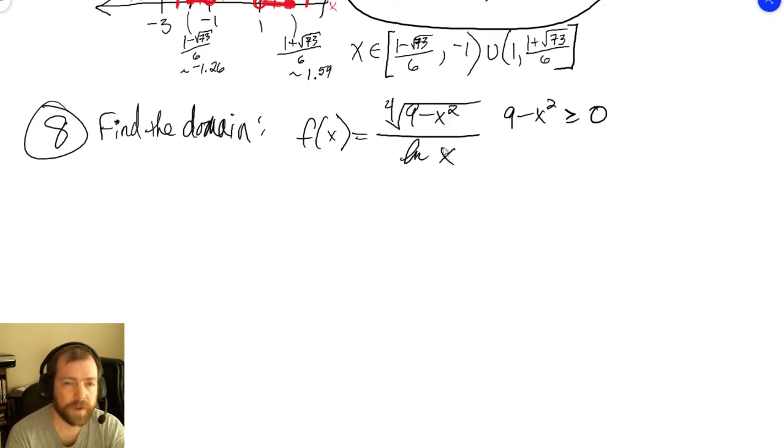Second of all, the natural log says that x must be positive, strictly positive, can't be 0 itself. And there is one other thing that really is important. The natural log of x cannot be equal to 0.